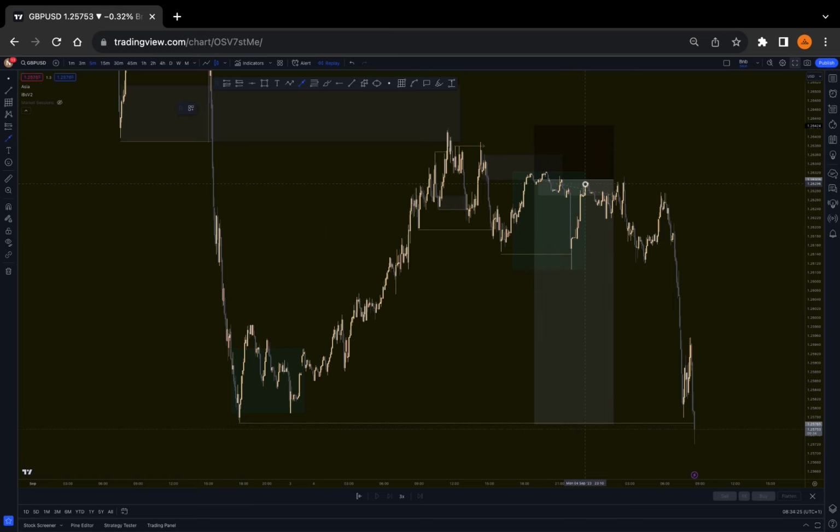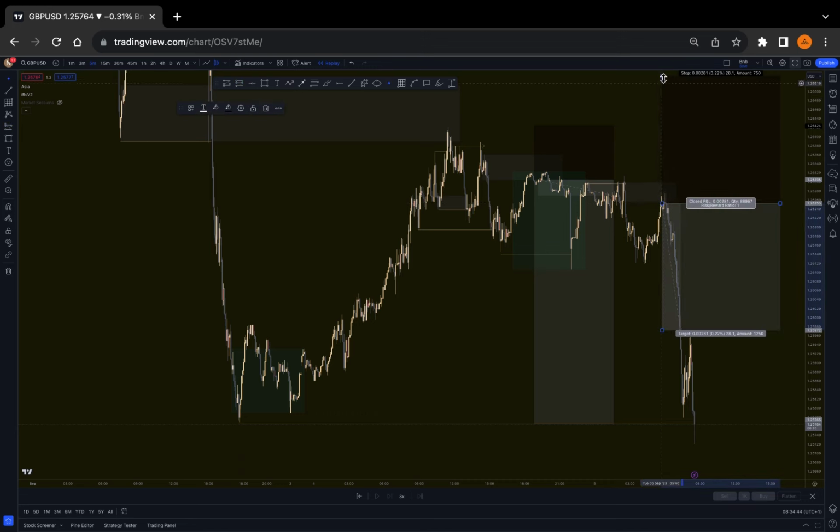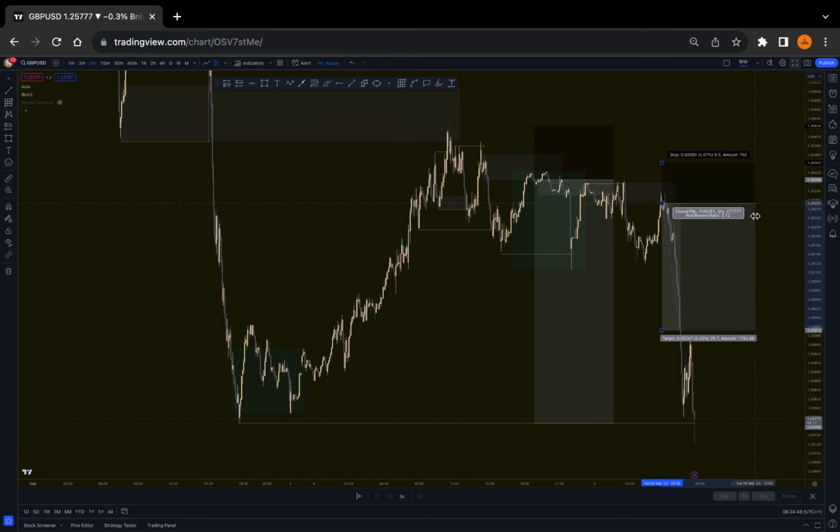Even though this is not that much valid, but at least someone who is meant to can take this short trade from here. Some people are meant to, not me. I'm not meant to. You understand?